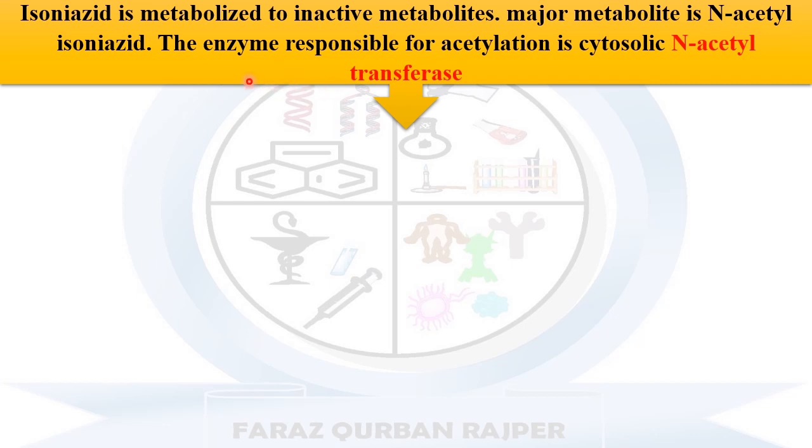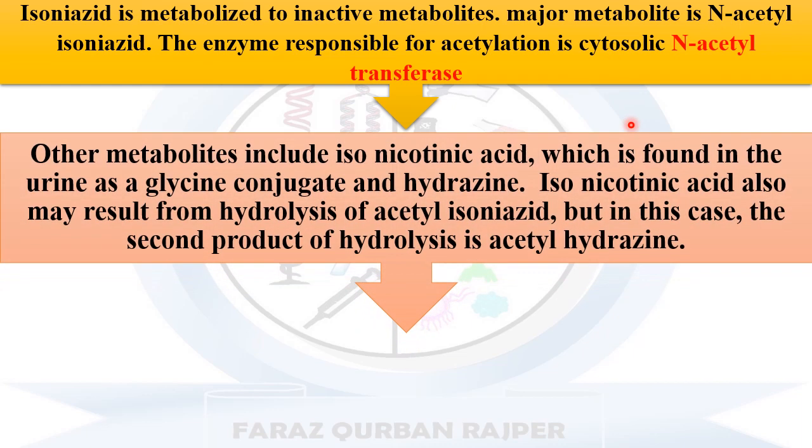The enzyme responsible for its metabolism is N-acetyl transferase, which causes the acetylation of the isoniazid drug. After that, another metabolite can be formed, isonicotinic acid, which is found in the urine as a glycine conjugate, meaning it undergoes phase 2 metabolism with glycine, and the other is hydrazine.